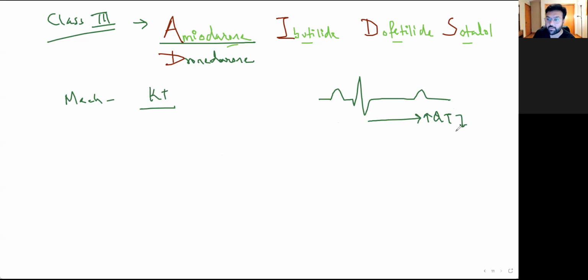And QT prolongation will put you at the risk of torsades. But obvious. One thing about sotalol, apart from potassium channel blocking, it also has some beta blocking property. Okay. So all prolong QT, and what will happen to the action potential curve? What phase of the action potential will decrease the slope?